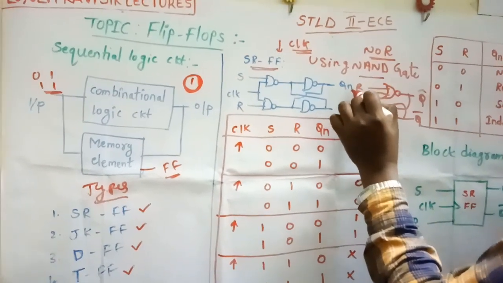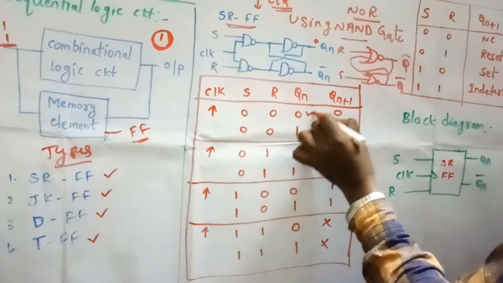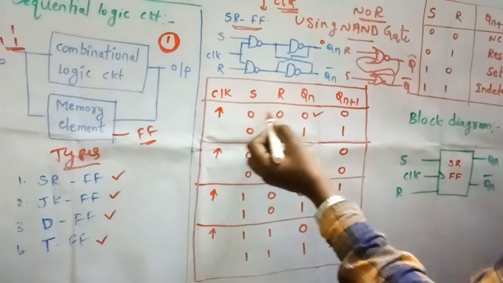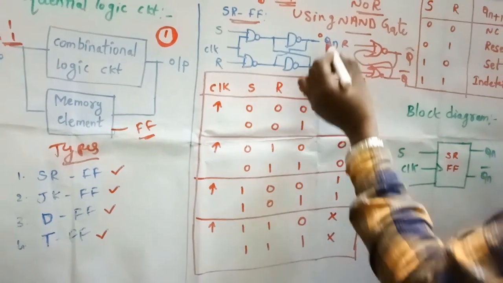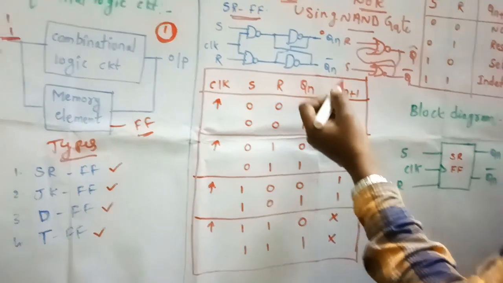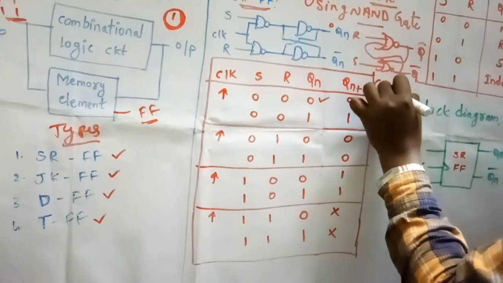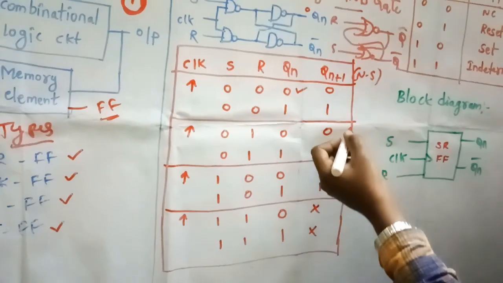Qn is the previous output. Let us consider Qn as 0. So I am applying S and R as 0, 0, and Qn is 0. Then what is the corresponding output, or the corresponding next state? Qn plus 1 is the next state that we have to find here.